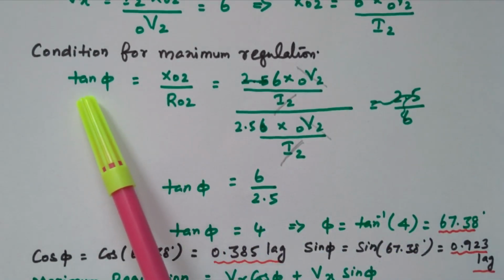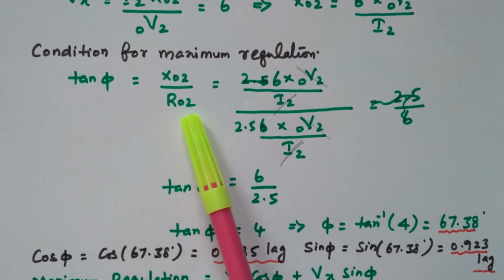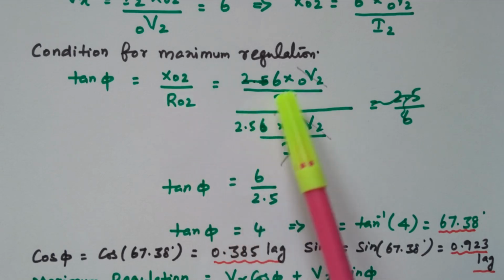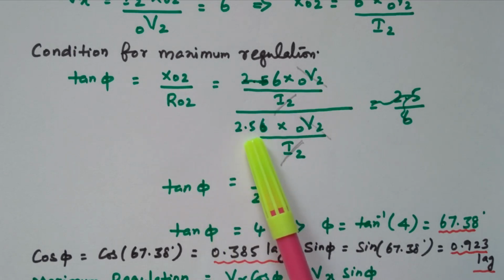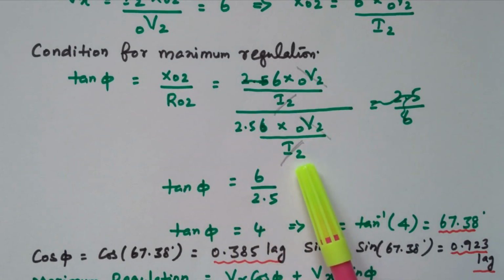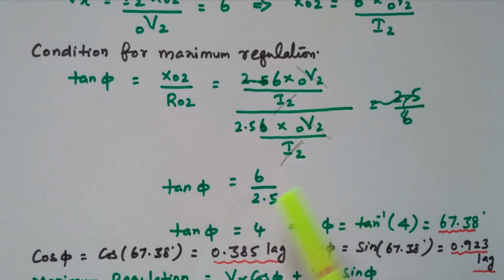The condition for maximum regulation is tan phi equal to X02 divided by R02. X02 is 6 into no load secondary voltage divided by I2, and R02 is 2.5 into no load secondary voltage divided by I2. So I2 got cancelled, and no load secondary voltage also got cancelled.